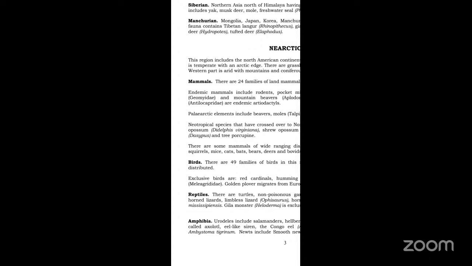Now the mammals: about 24 families of these land mammals are present, and the endemic mammals include, as I just told you, rodents. Then you have the mice, that is pocket mice, pocket gophers, and mountain beavers. Apart from that, pronghorns and sewellels are also present. Then the Palearctic elements actually include beavers, moles, pikas, and jumping mice.